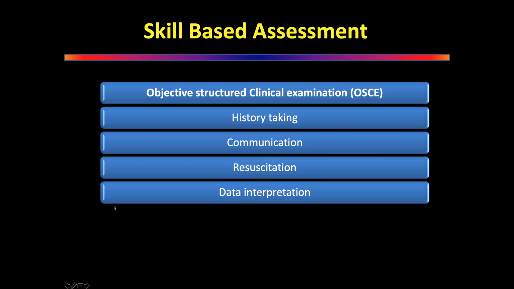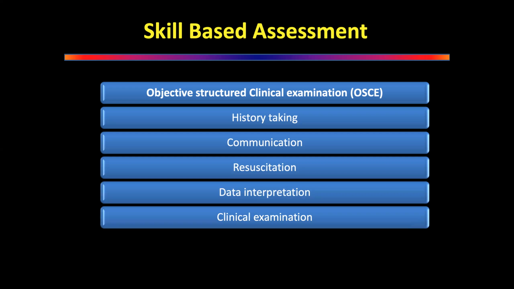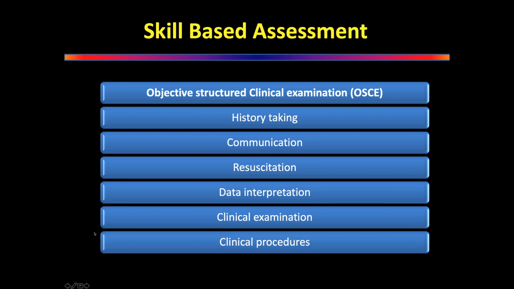We may judge you on how you do a test. So I might ask you to show me the clinical examination for a thoracic outlet. Or I may ask you to put in a stitch on this model that I've placed in front of you. Put in a laparoscopic stitch. So I will look at clinical procedures. Okay. So these are the ways we judge any person who's going for an exam. It's called OSCE.